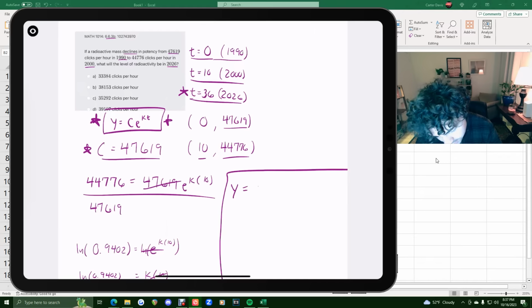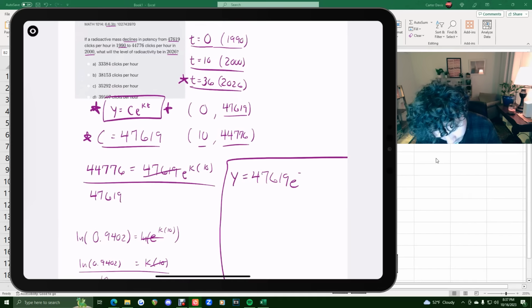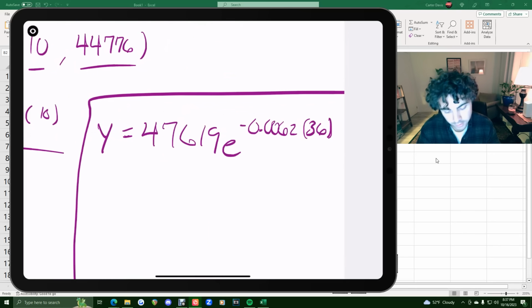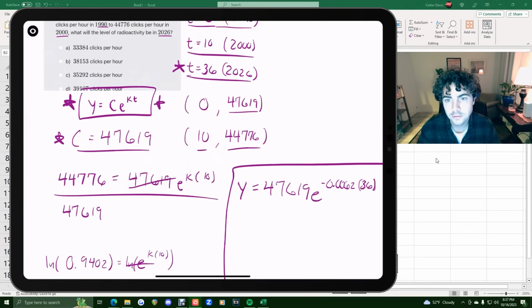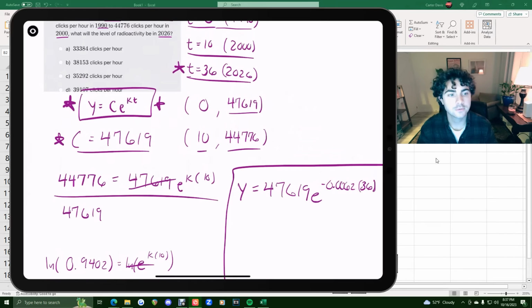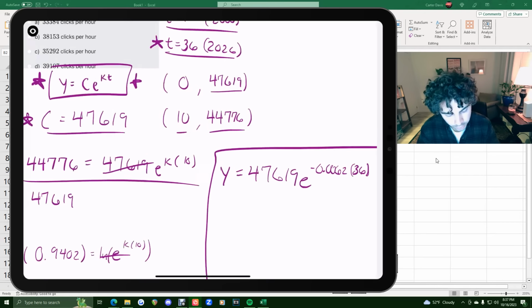The C value is the same, right? 47,619, e to the k, which we just found, negative 0.0062 times t, for which we're plugging in 36 because we're finding the number of clicks in the year 2026. 36 represents that year.